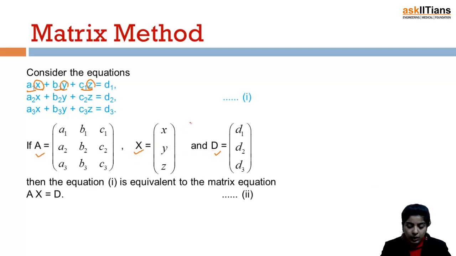Then the equation 1, which is this system of equations, is equivalent to the matrix equation AX equal to D. You can just see here, if you write down AX equal to D, you will get this system of equations.